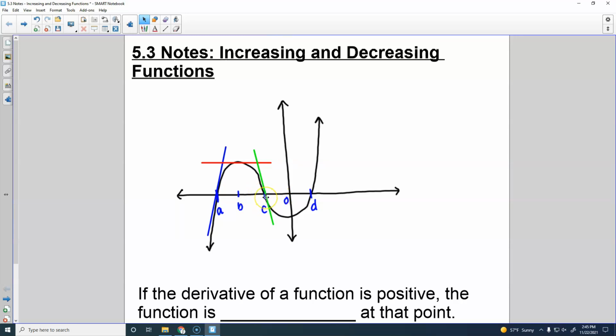So tangent lines. Let me think about this for a second. Tangent lines, can they cross the graph again later? Absolutely. I mean, they go on forever, so I think there has to be a point where.